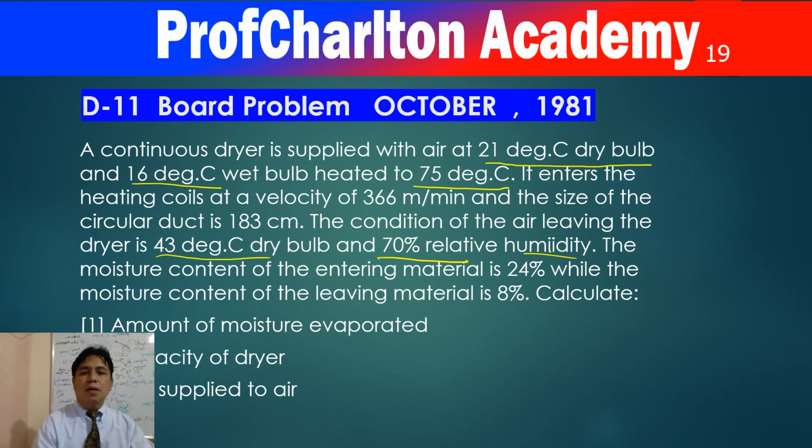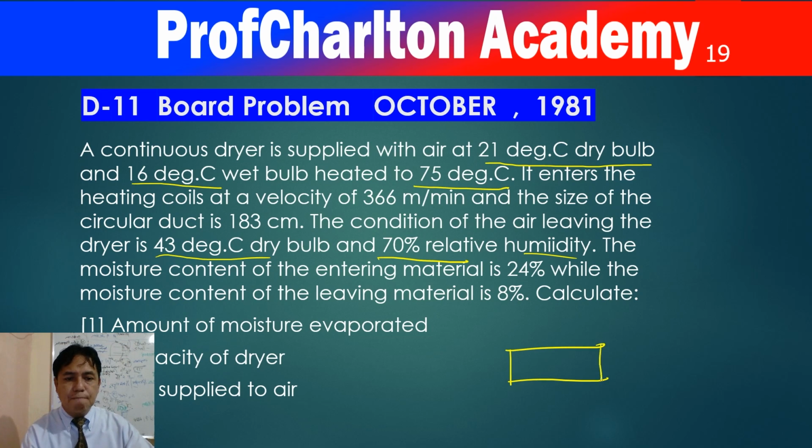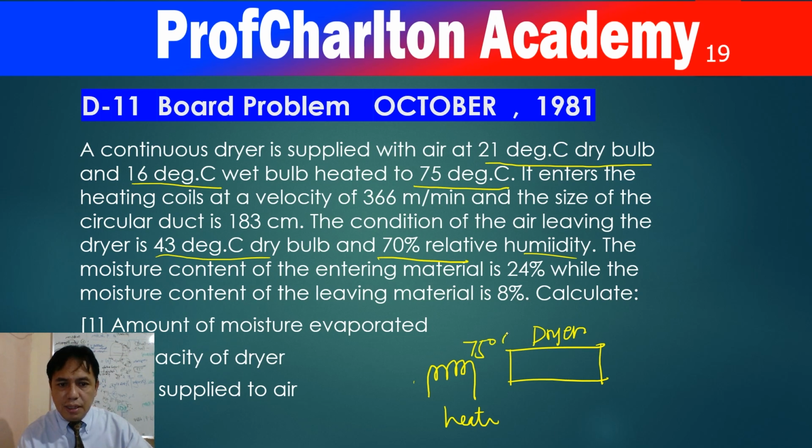Okay, so now let me decompose the components. If this is the dryer, then entering the dryer after the heater, the temperature is high, 75 degrees centigrade, but the air before entering the heater coil is 16 degrees centigrade.